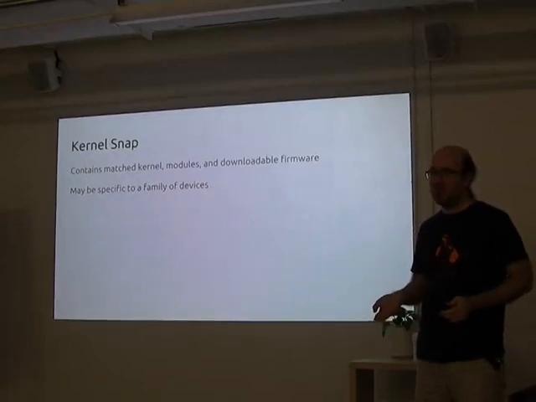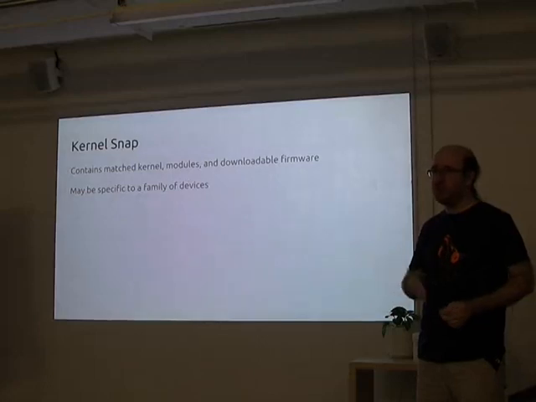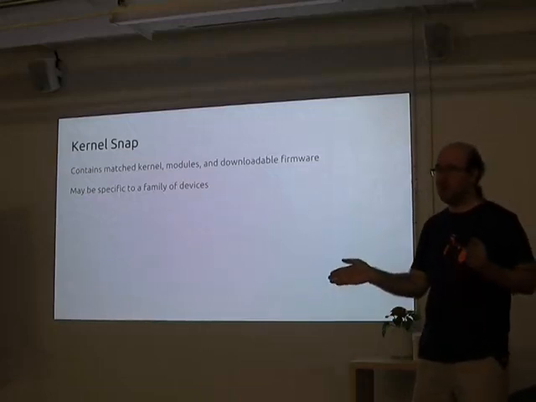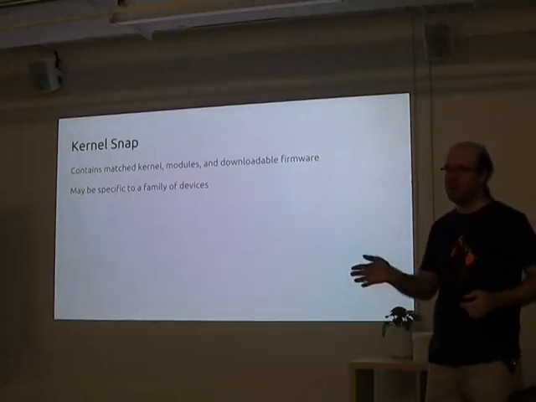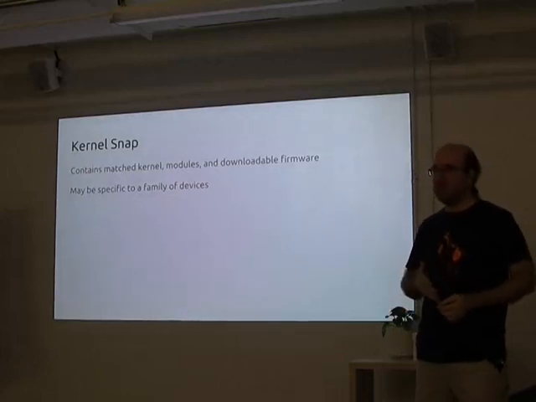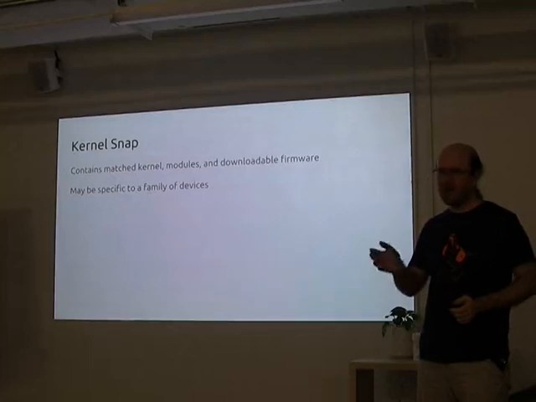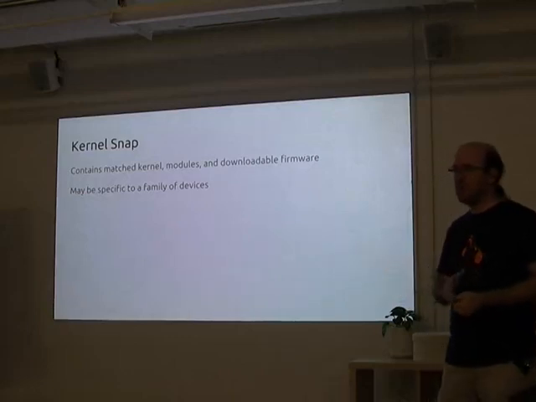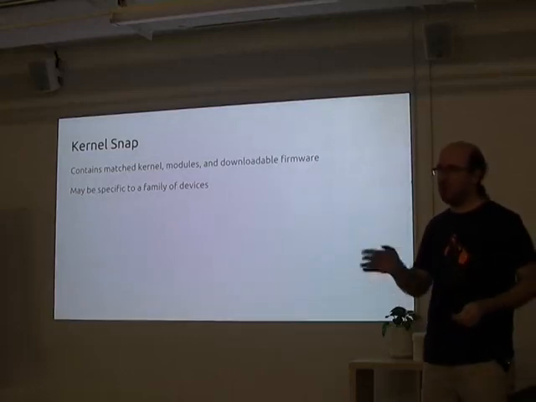If you then move to ARM, it's very common for different devices using the same instruction set to require different kernels. So that's one of the reasons why these are separated out from the base system. As a simple example, a Raspberry Pi 3 might need a different kernel to a Dragon board.